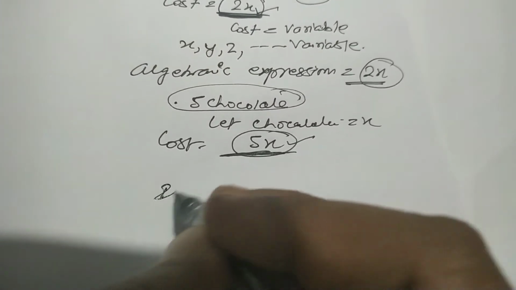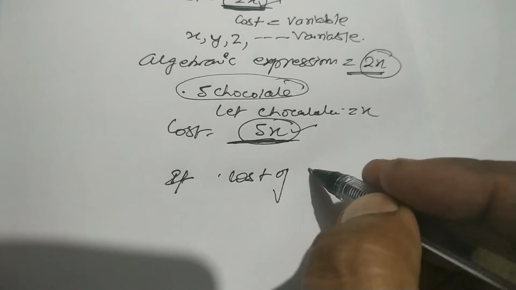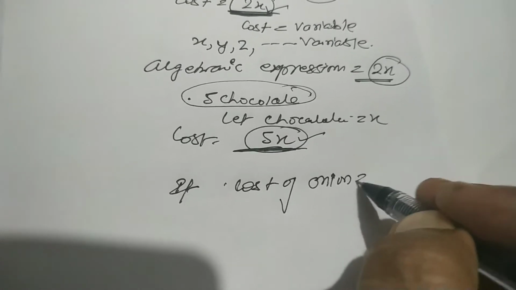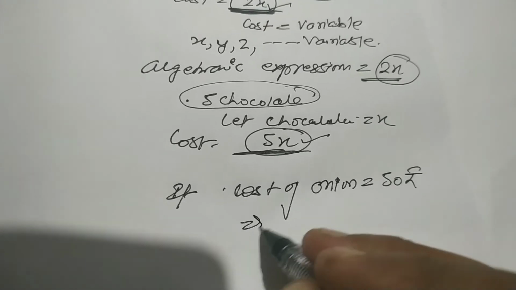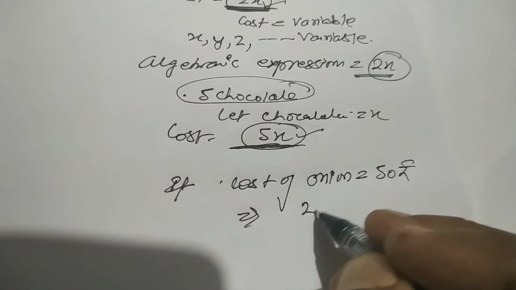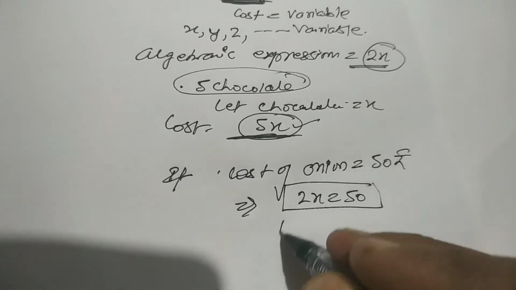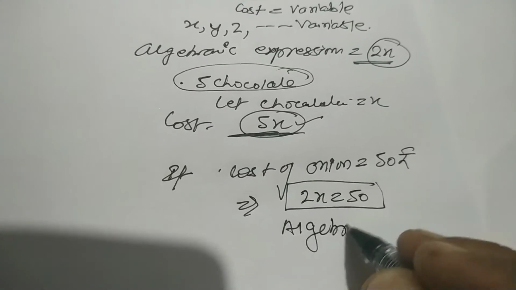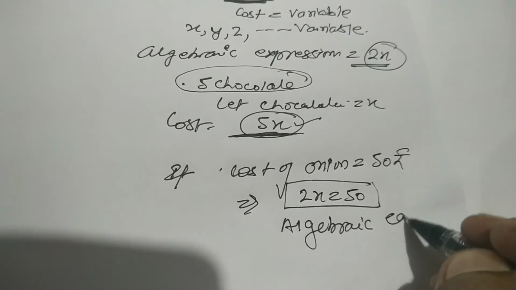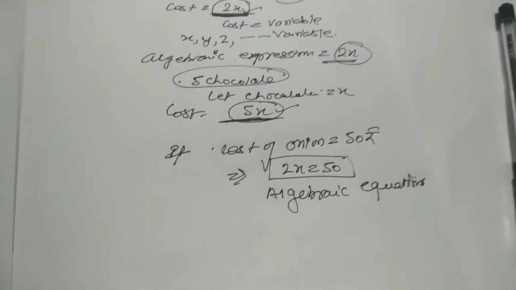If the cost of onion is equal to, like, 50 rupees, we write 2x is equal to 50 rupees. That is called an algebraic equation. How to understand this?